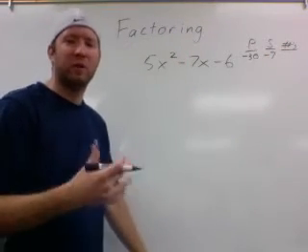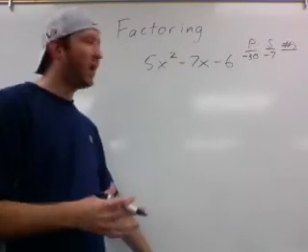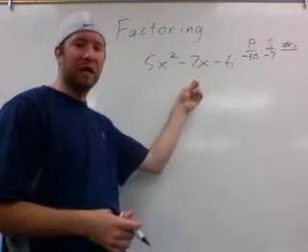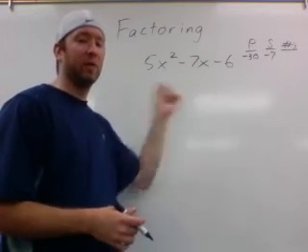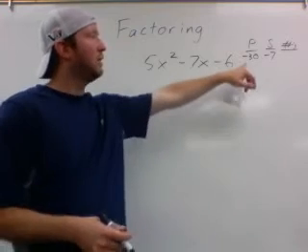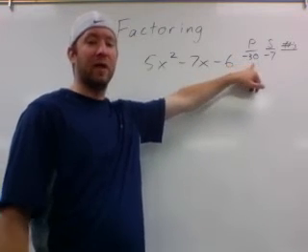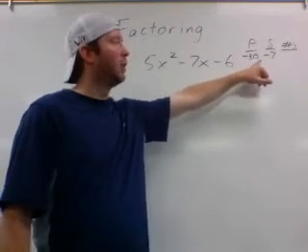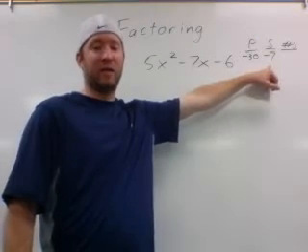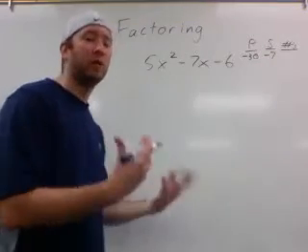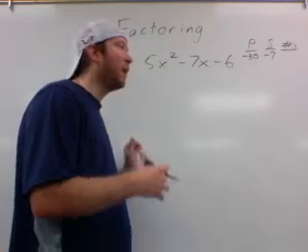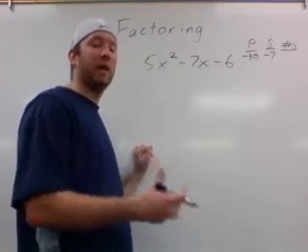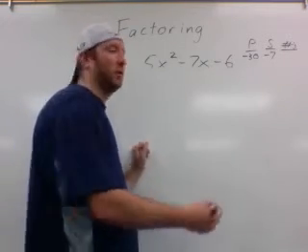All right, so now this is where it gets a little tricky. To find the two numbers to split negative 7 up into, okay, to split the middle term, I need to find two numbers that multiply to negative 30, but also add to negative 7. So if I can't think of this in my head, I want to kind of list out all the ways to multiply to negative 30.